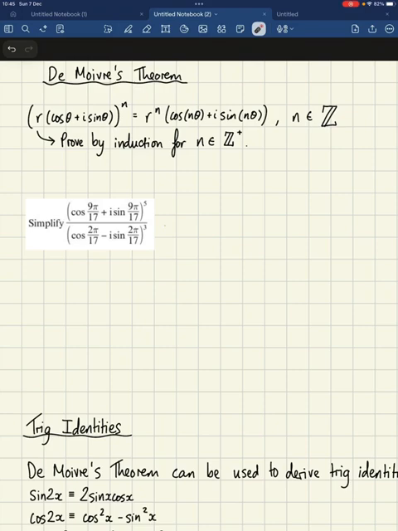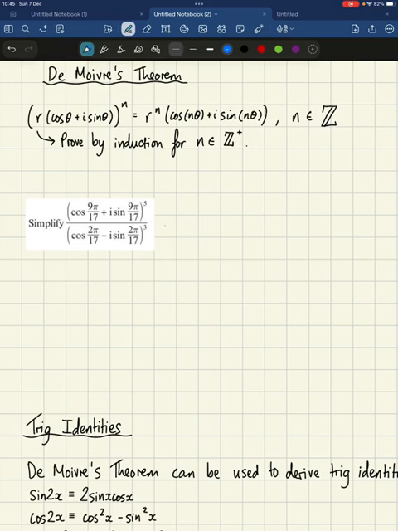So we can use this theorem to simplify things like this. So cos of 9 pi by 17 plus i sine 9 pi by 17 all raised to the power of 5. Well, let's use de Moivre's theorem. Here we can say that r is 1, because there's nothing in front of the brackets. So r to the power of n, which is r to the power of 5, is just 1 to the power of 5, which is 1.